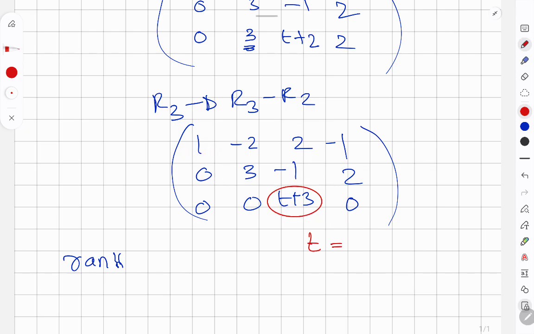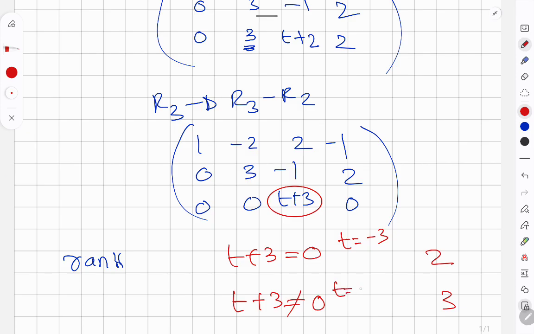Steps means the number of rows that are non-zero. So if t plus 3 is equal to 0, your rank will be 2. If t plus 3 is not equal to 0, your rank will be 3. So when t equals negative 3, and when t is not equal to negative 3.